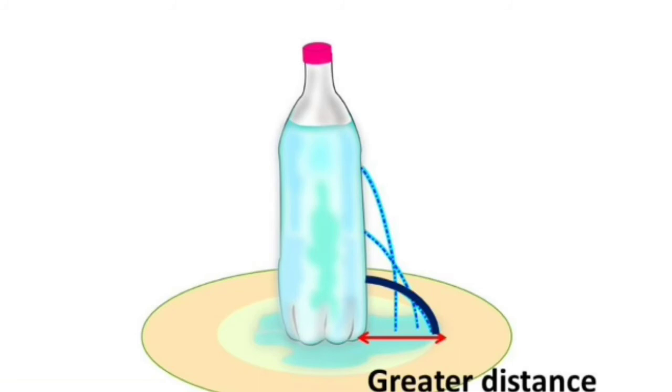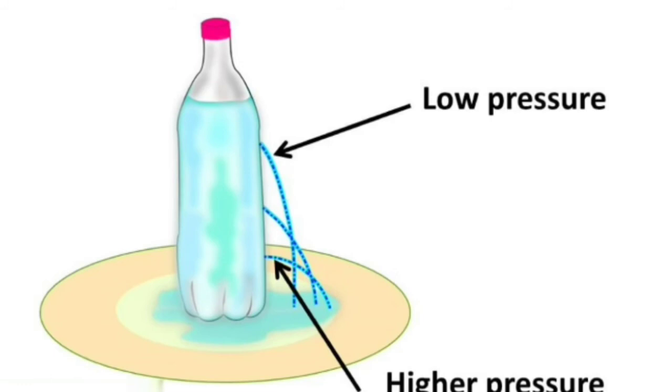Water comes out of the bottle because of water pressure. Water coming out of the hole nearest to the base goes farthest. So this means water pressure increases with depth. That is, water pressure increases with the increase in the height of the water column which is exerting the force.